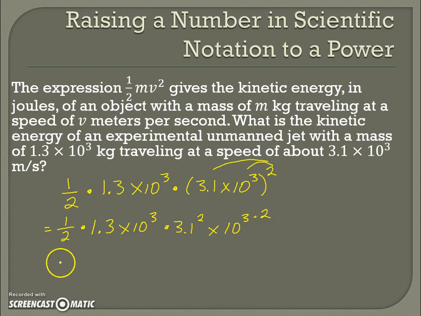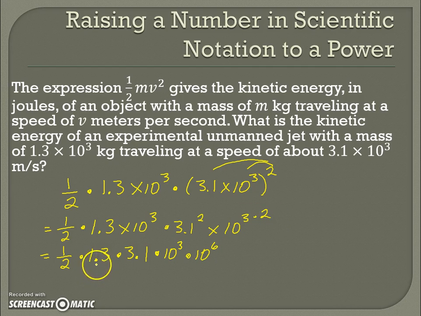You get 1/2 times, I'm going to do some rearranging here. I'm going to put this 1.3 first, and I'm going to put this 3.1 second to try to get my powers of 10 at the end. And then I'll have my powers of 10, so I have 10 to the third times 10 to the 6th, because 3 times 2 is 6.